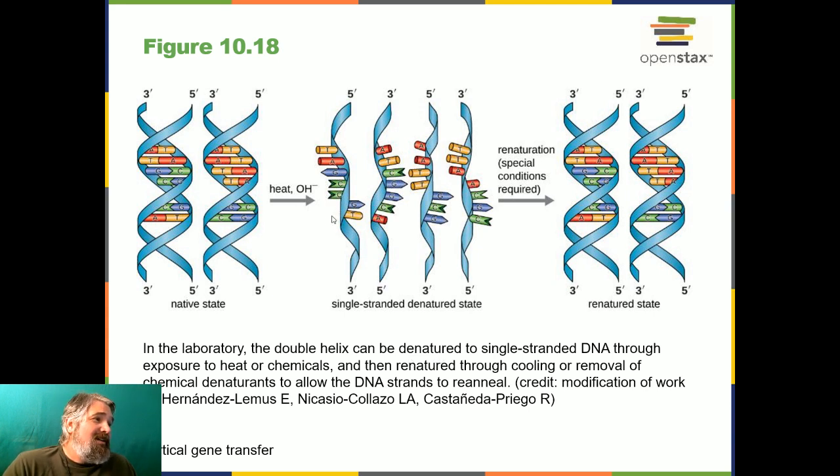When we say we melted the DNA, we're talking about having denatured it, separated it to a single-stranded state. And then if you cool it, it will re-anneal. And this is definitely taken advantage of in the process of PCR, which again, we'll go through next week.